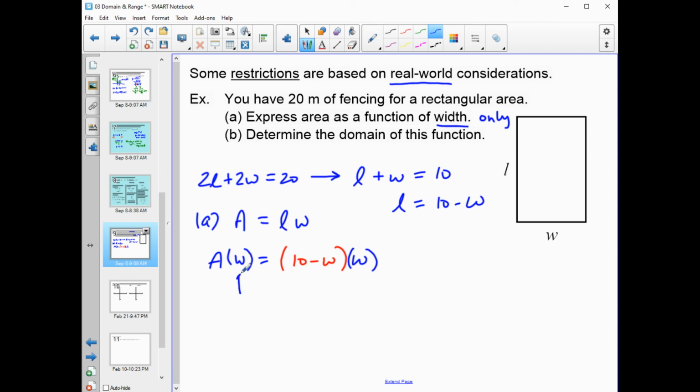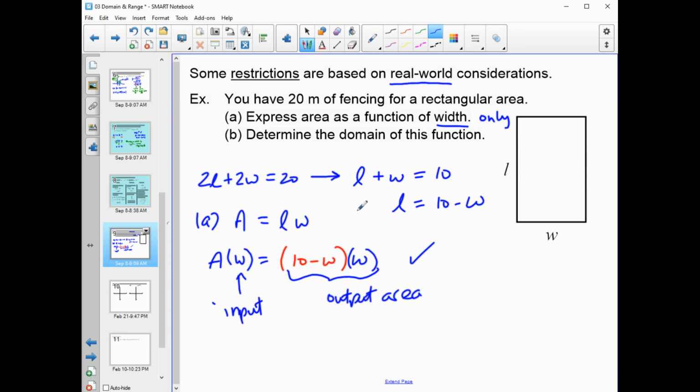If I input a particular width, then it's going to output the area. So if I put a number in here for width, it will tell me what the area is. So that's it. Express the area as a function of width. That's done.